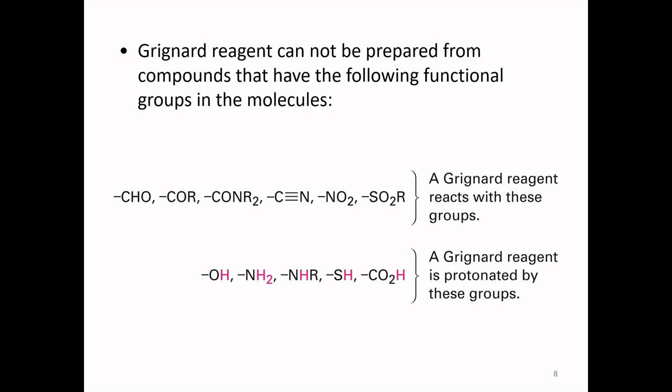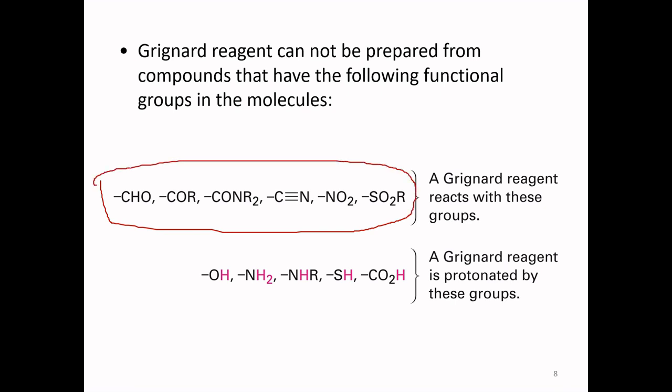There are also conditions where a Grignard reagent cannot be prepared from certain compounds. In the first example here, if we use this group of compounds, the Grignard reagent can react with these groups because they mostly contain oxygen and nitrogen.